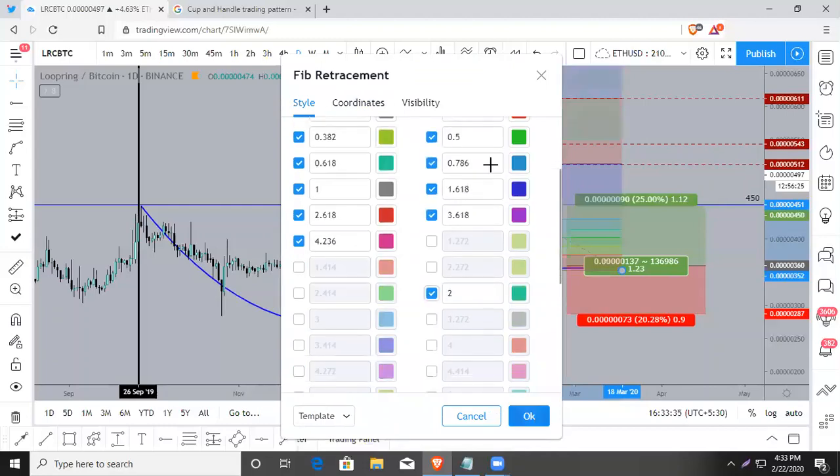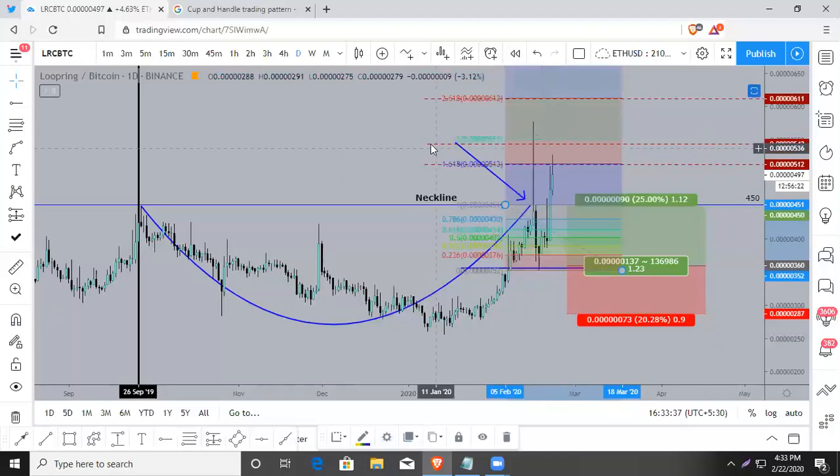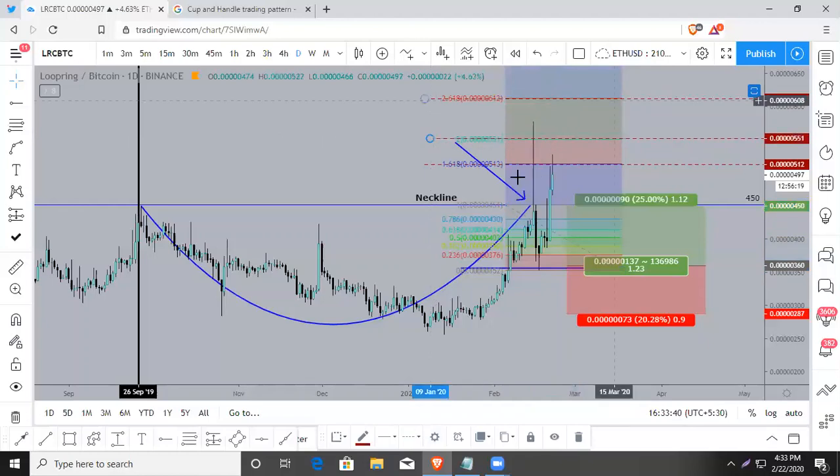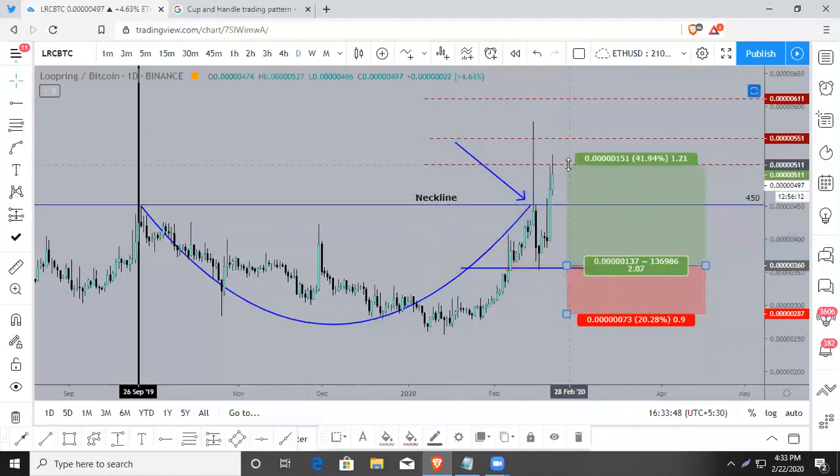So this one, yeah, I was approximate, right? So around 550, that would be your second target. So if I remove the tool and use the risk reward tool now, if I book my first profit at 161%, it is 2R.